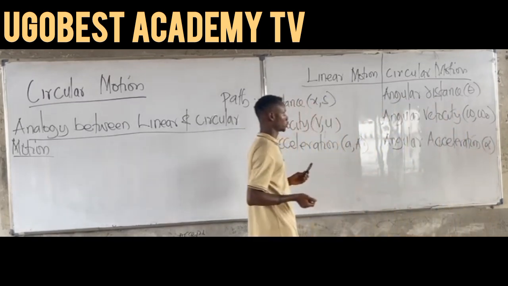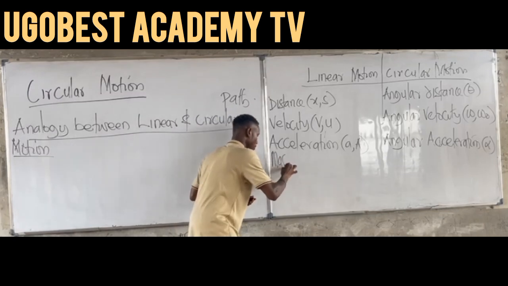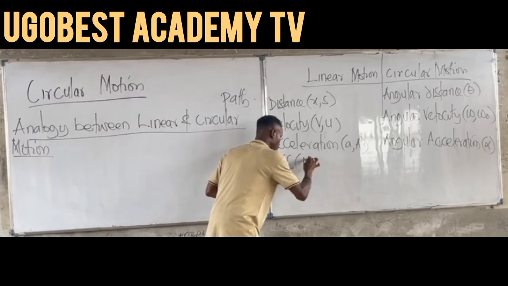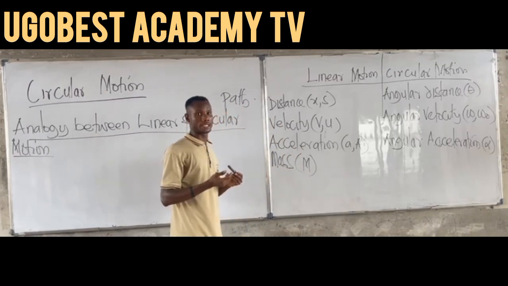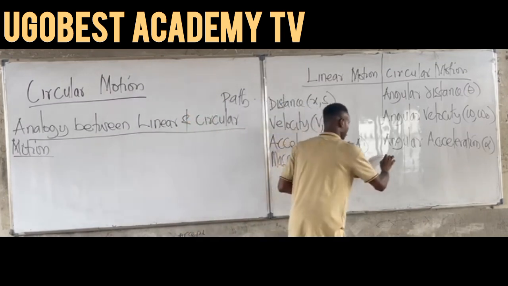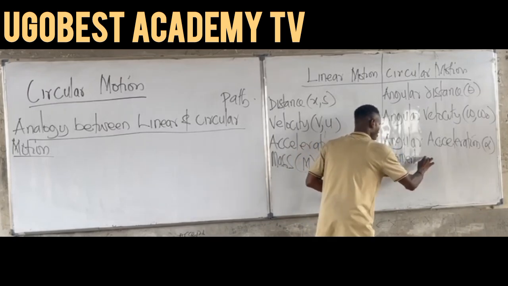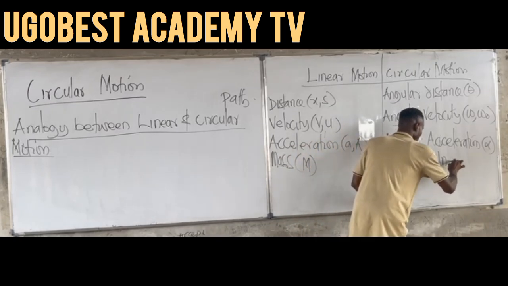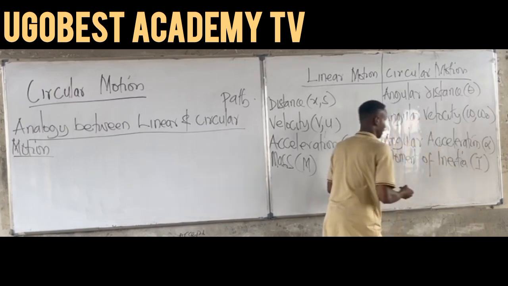Please take note. The next thing here is mass. We use m to represent mass. But in terms of circular, we don't call it mass, we call it moment of inertia, and we use I to represent this.